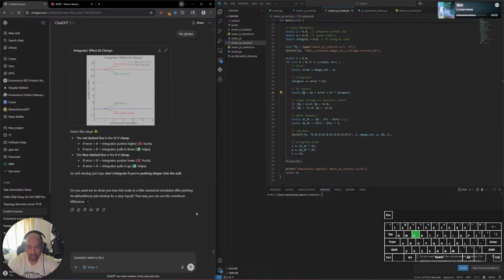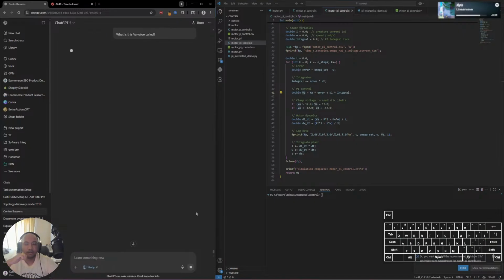What is this value compared to the control? What is this V8 value called?